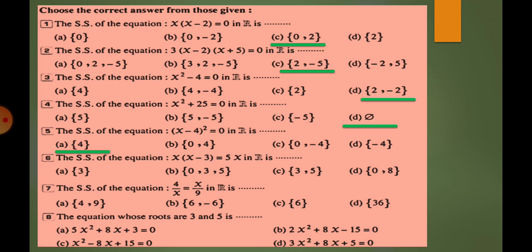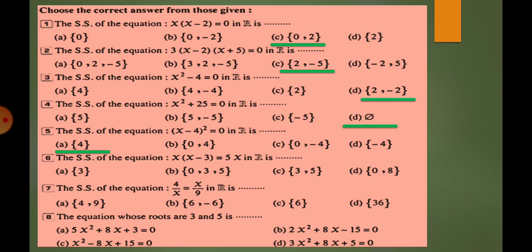It will be x power 2 minus 3x minus 5x equals 0, so x power 2 minus 8x equals 0.